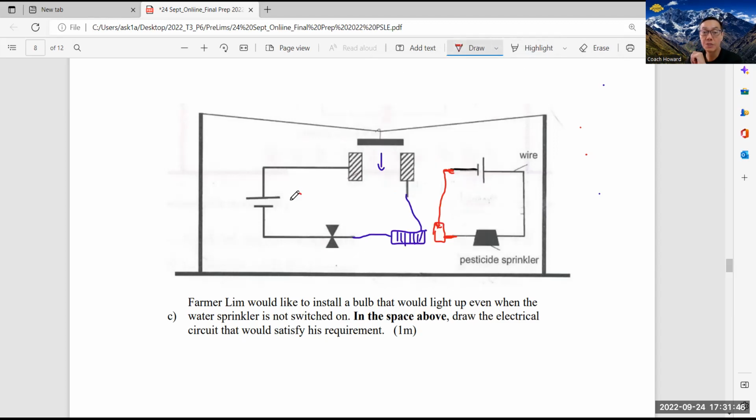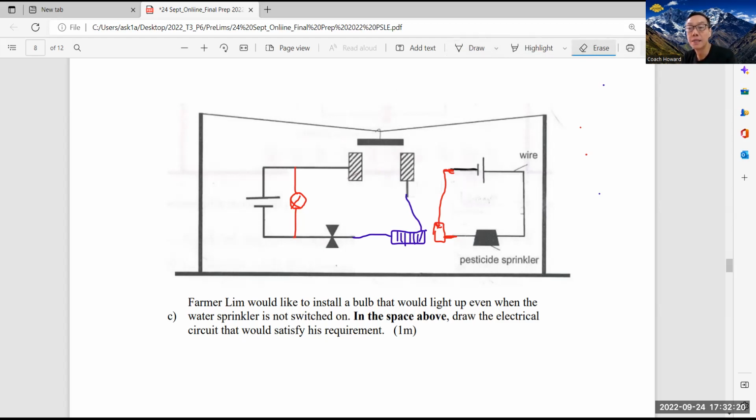So you just draw the bulb here, the symbol for that bulb, the crisscross, and then join here and join here. So you see this satisfies the condition. The bulb is not turned on, but it's lighted. So this will be the answer for this question. You draw the bulb here, connect to the electromagnet. The electromagnet connects to this part. So this is how it works for this question.